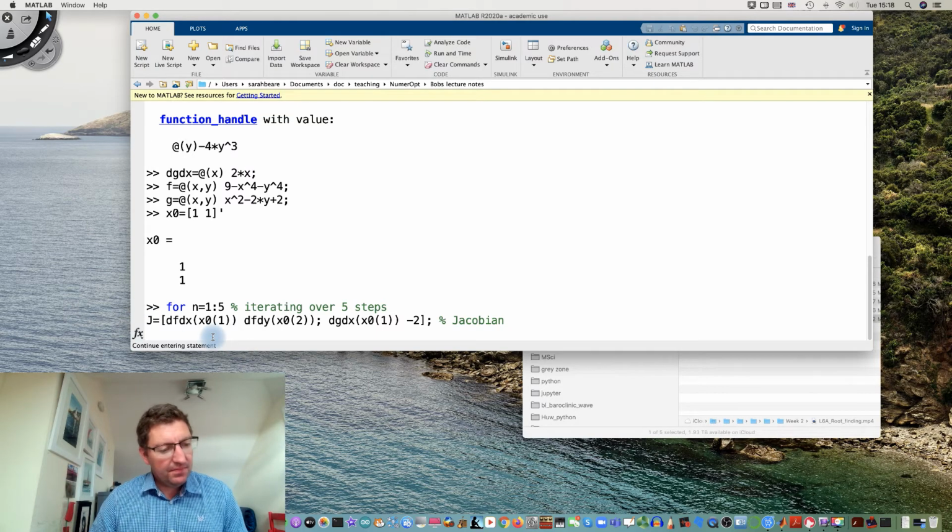And then we do our Newton-Raphson method. So we're going to call the new value of x vector the old value minus the inverse Jacobian times this big function f, which has got f and g. Let me just show you how it's going to be.